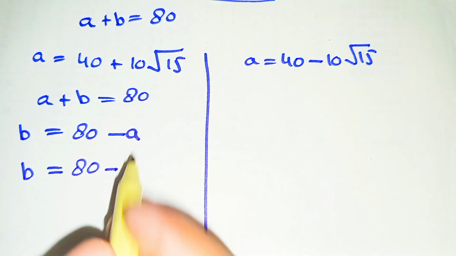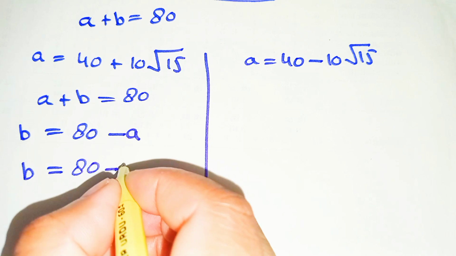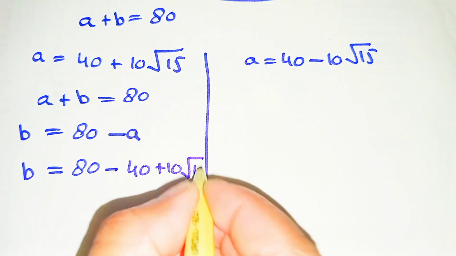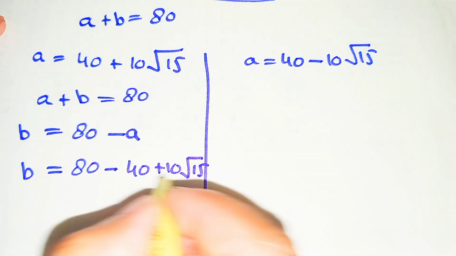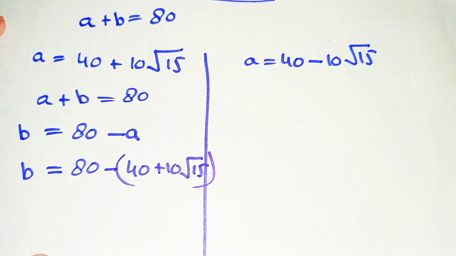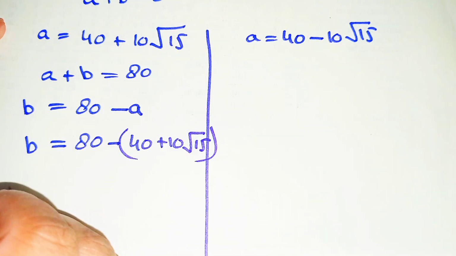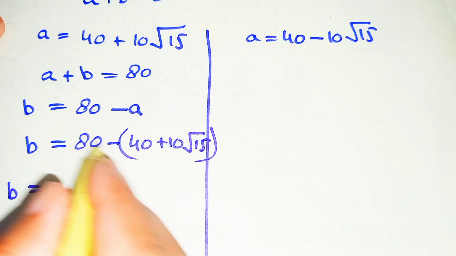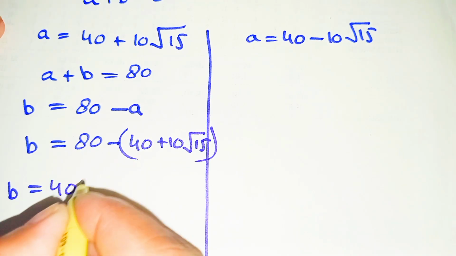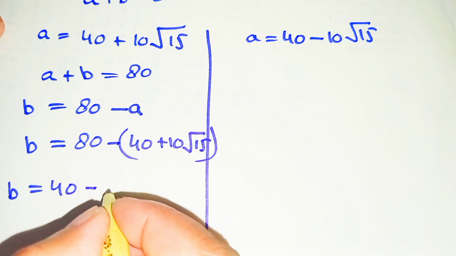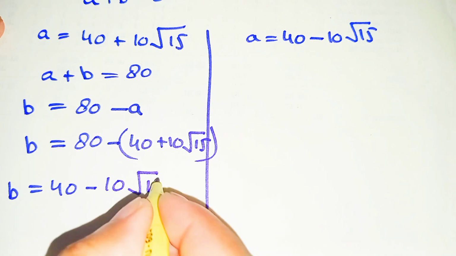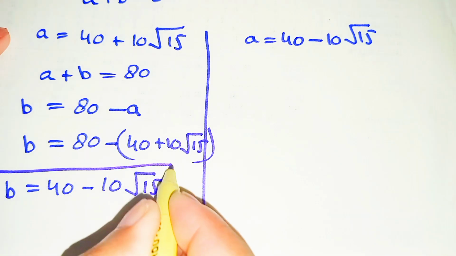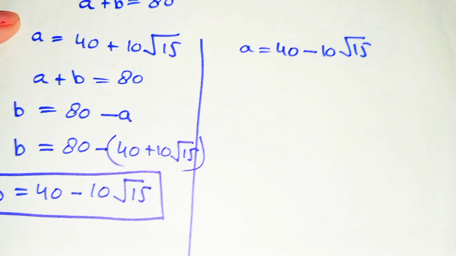Putting the value of a, 40 plus 10 square root of 15, b is equal to 80 minus 40, which is 40, minus 10 square root of 15, and so here is the value of b.